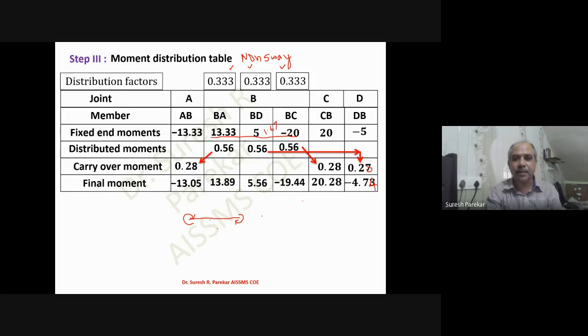Then we have BC, member BC, this is anti-clockwise, so BC anti-clockwise. Then we have CB, which is clockwise, so we plot CB clockwise. Sorry, this we have to plot anti-clockwise, so minus sign. So anti-clockwise we plot, so this will be like this.